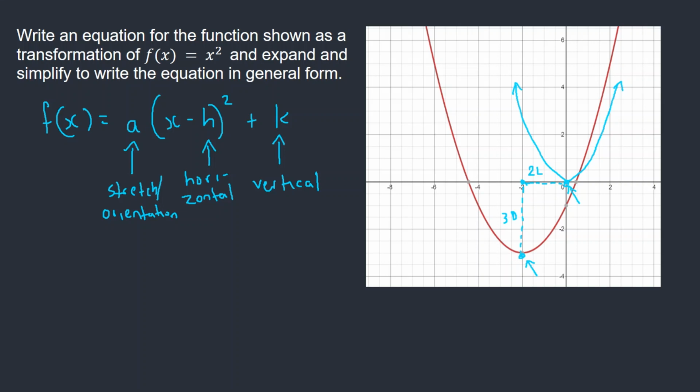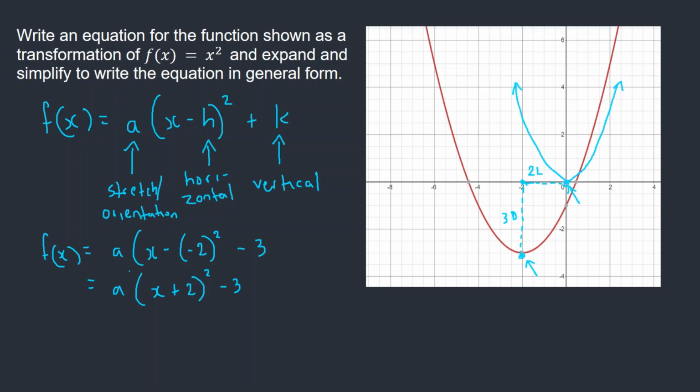So we can put that in. We can say that f(x) is equal to a times (x - (-2))² - 3. If I were to simplify that, I would get a times (x + 2)² - 3.